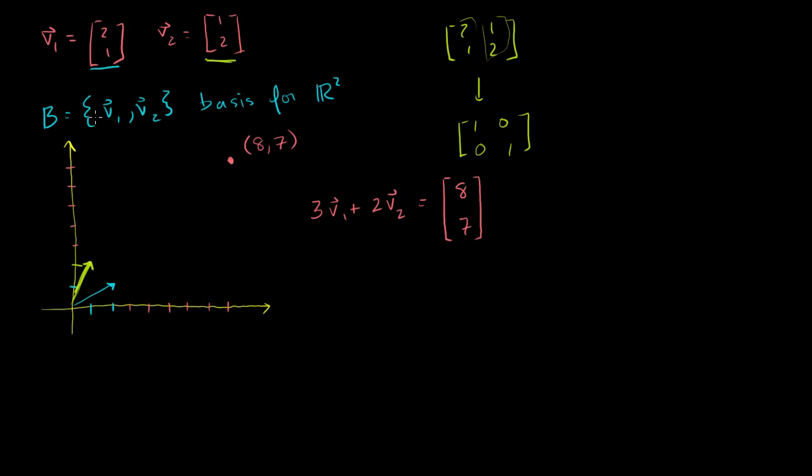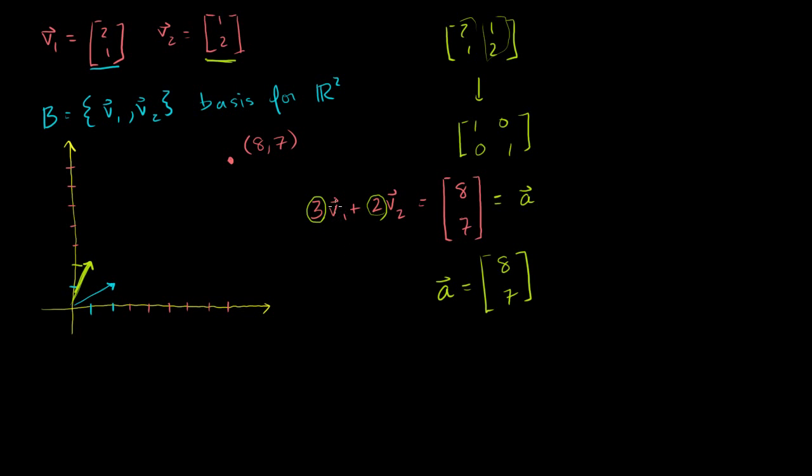Now, we have this basis here, this basis B, represented by these two vectors. This is v1 and v2. And what we want to do is represent this guy. Let's say that I have this vector. Let me call that vector A. So vector A is equal to 8, 7. Now, we know that if we wanted to represent vector A as a linear combination of my basis vectors, it's going to be 3 times v1 plus 2 times v2.